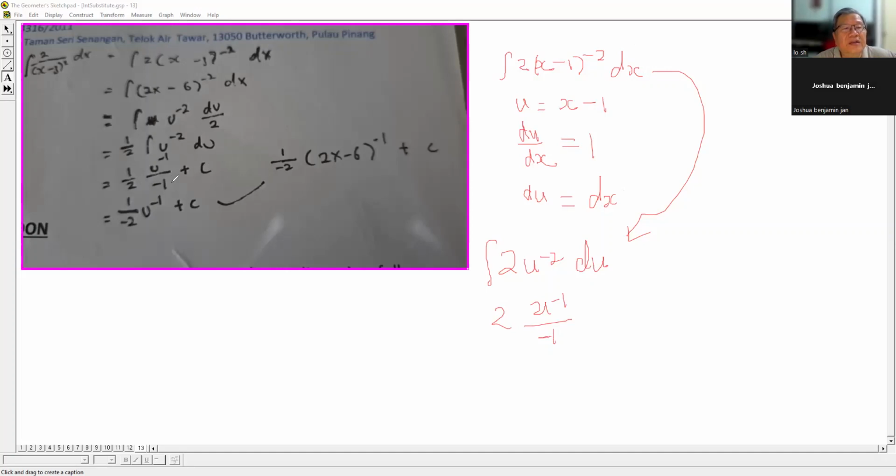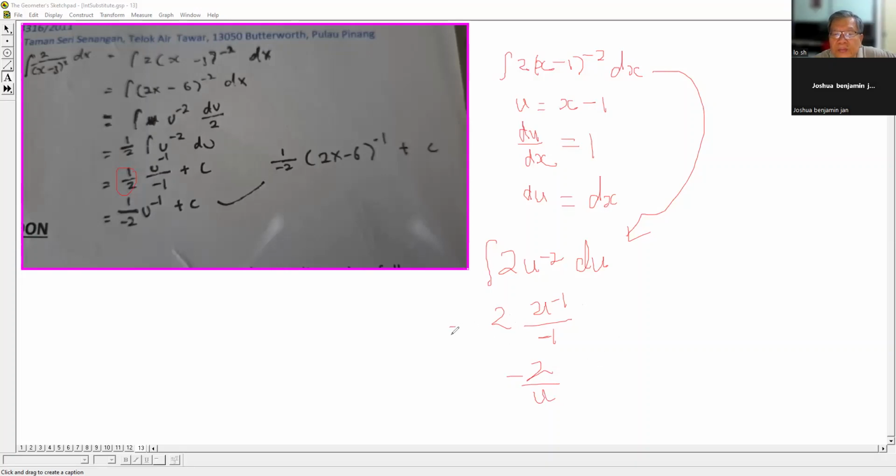The 2 is at the top, so 2 times -1 is -2 over u to the power of -1. So u is at the bottom.